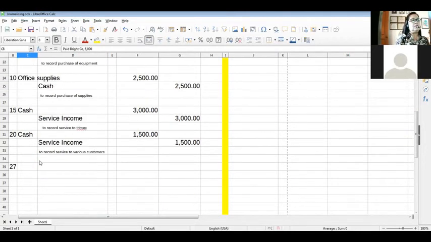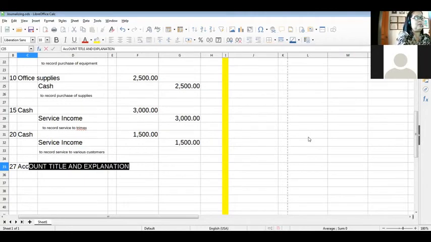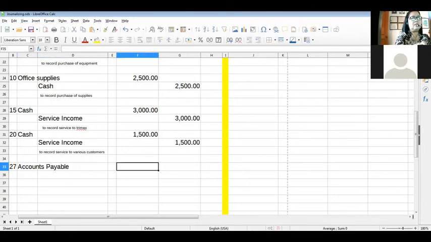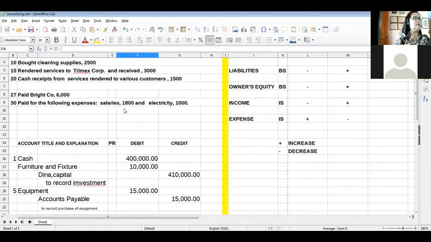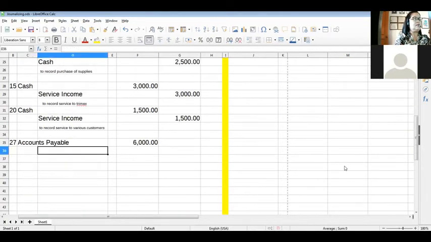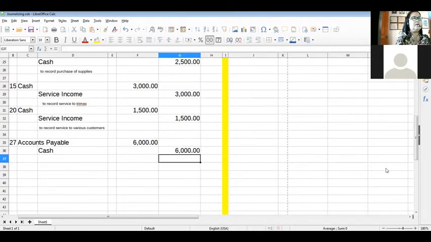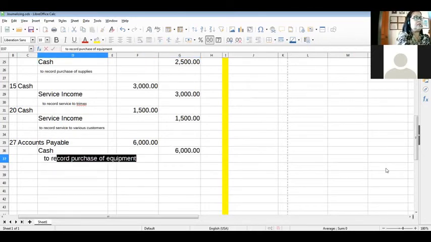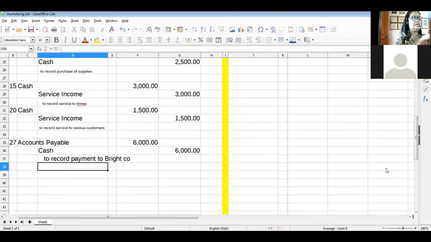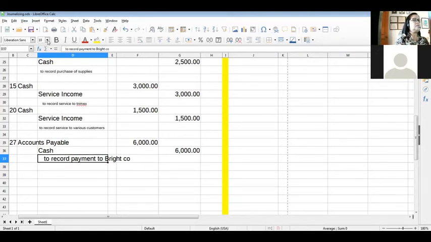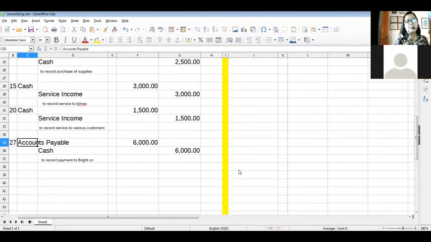Okay? So, let's put it here. Yung accounts payable natin, na 6,000. Okay, 6,000. Record payment to Bright Company. So, ano nangyari kay accounts payable?